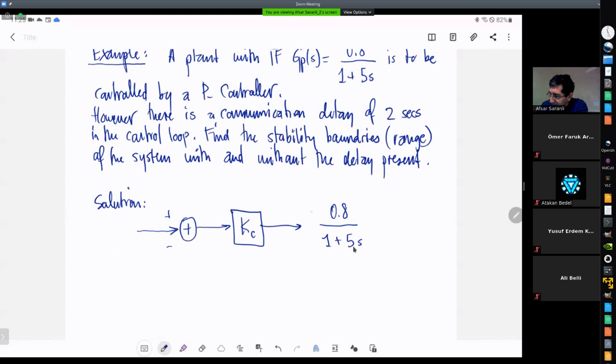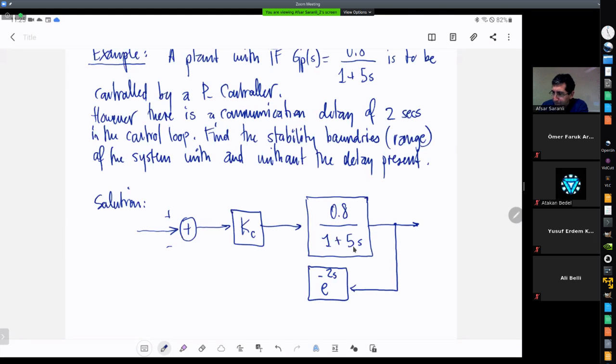So the time constant of the plant is 5 seconds. Here is our output, and we can put the delay in the return path. It doesn't matter actually where it is. Mathematically, the effect will be the same.